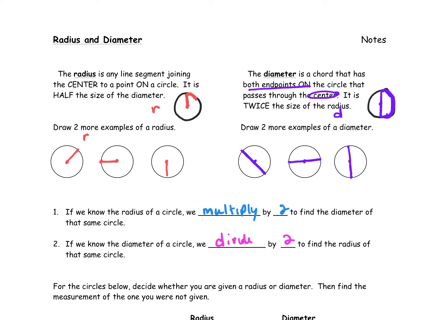So if I just divide it in half, say I chop it here and only take this part, then that's the radius. If I call this diameter 10 and I divide 10 by 2, I'm going to get 5. This radius would be 5, and this radius would be 5.